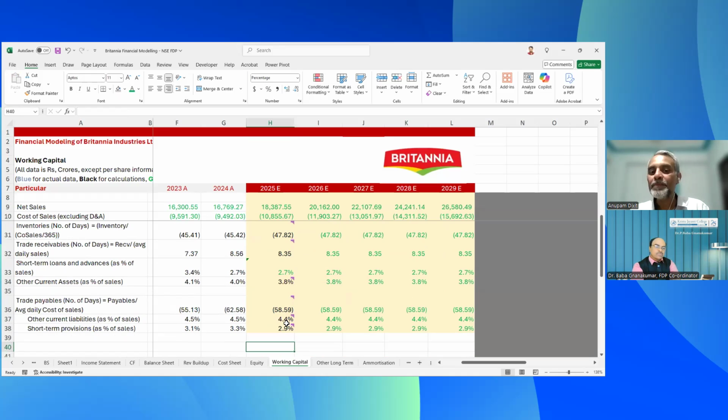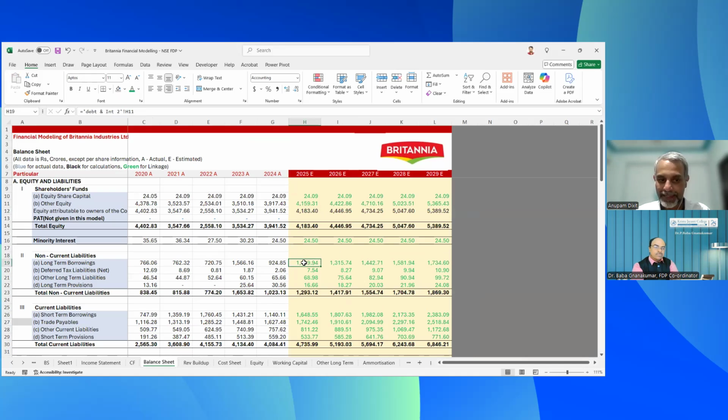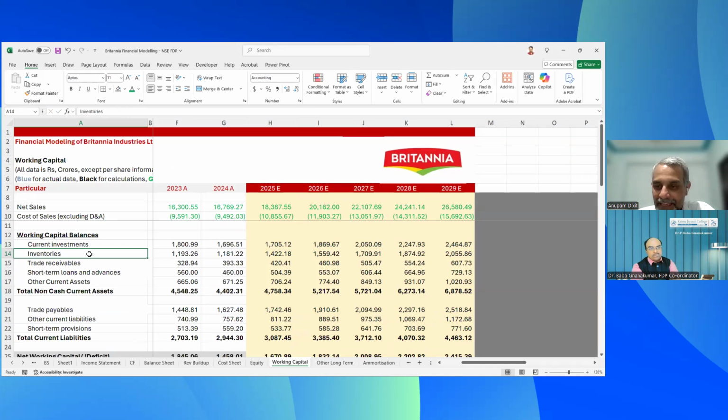Now, again, we will link these values back into the balance sheet. So we go to the balance sheet and we link these values. Let's go to one of the current liability items, which is this value, which is coming from our working capital sheet. So all these values are coming from the working capital sheet. One of the other things while designing these sheets is that when we are designing the working capital, we generally follow the same naming order.